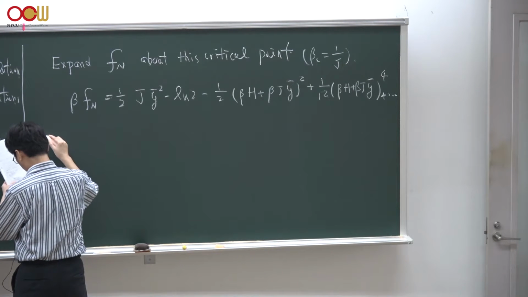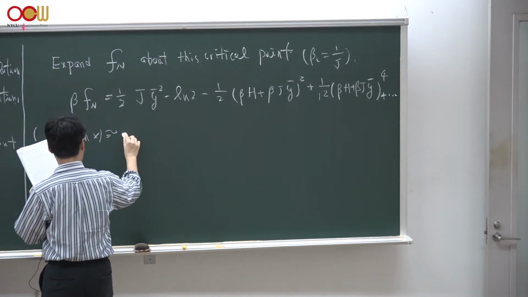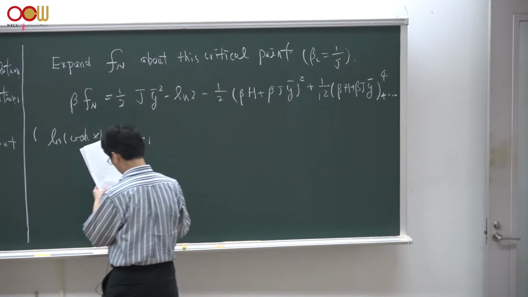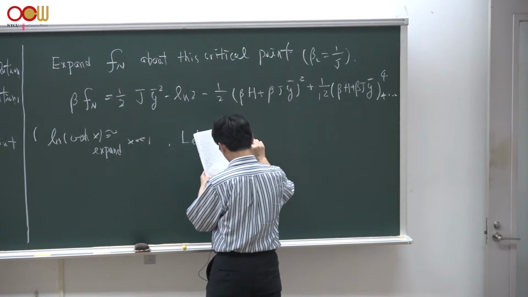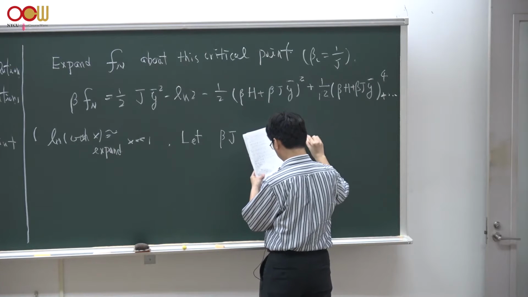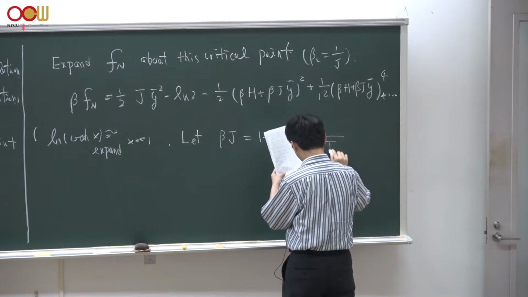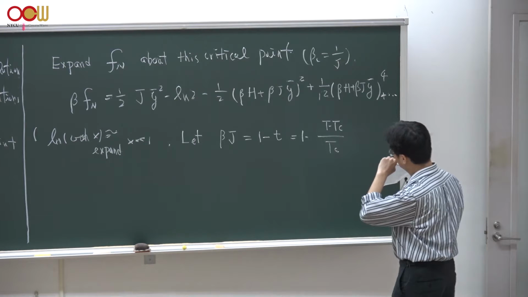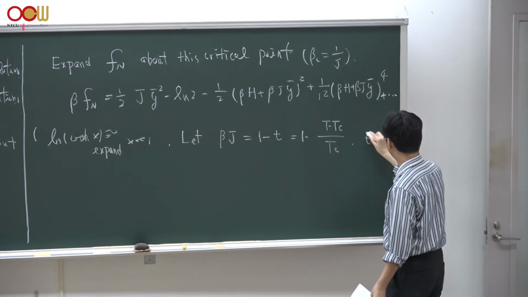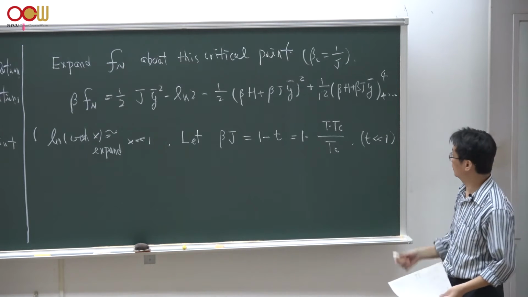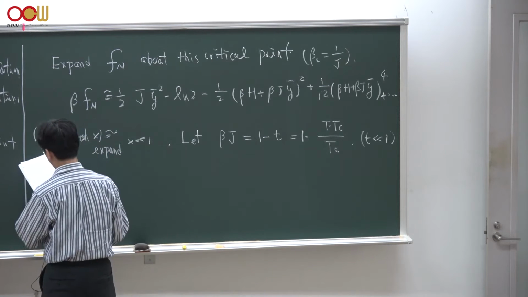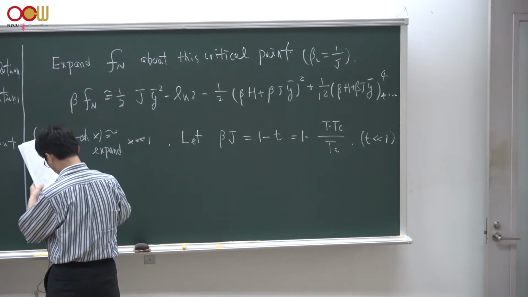The way we get the Taylor expansion is to expand this log cosh function when x is small. Let me define beta J as very close to 1, the critical value, but with a tiny deviation, which I call little t here. So t is very, very small, close to 0, when we are very close to the critical point. Then we could rewrite this Taylor expanded free energy function near the critical point.